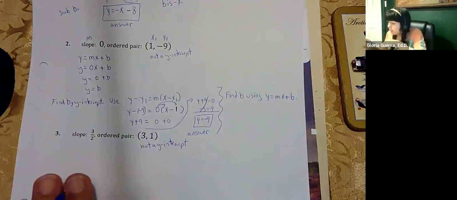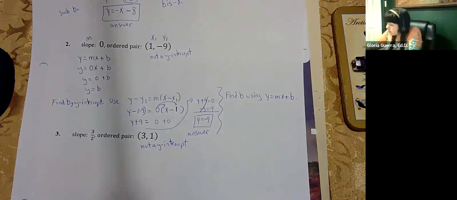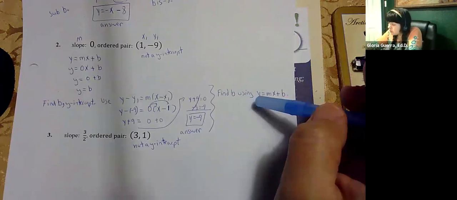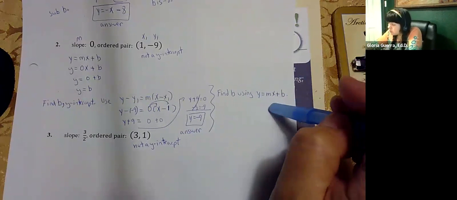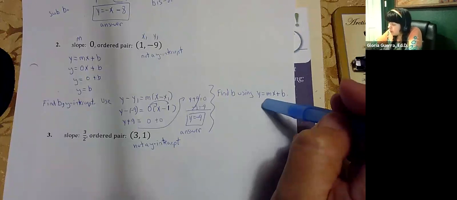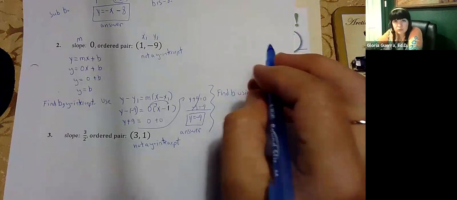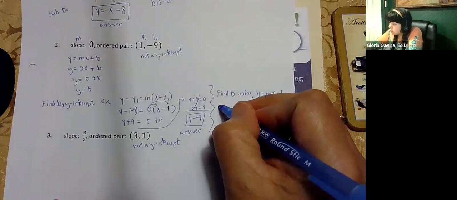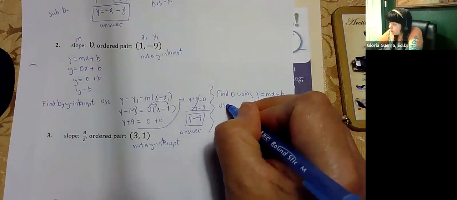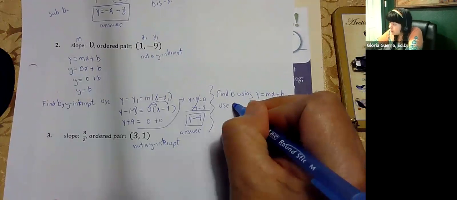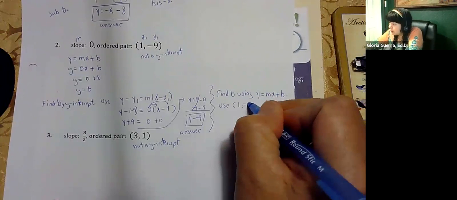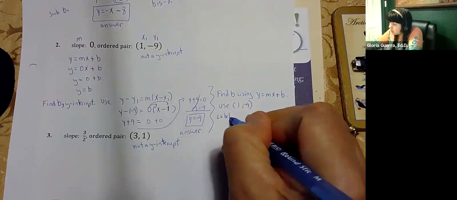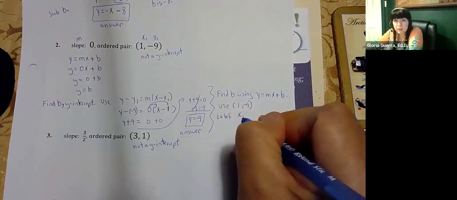All right, now let's use this other method to find b. When you use this method, you need an x and a y. So we're going to use the point 1, -9, and label that as x and y.